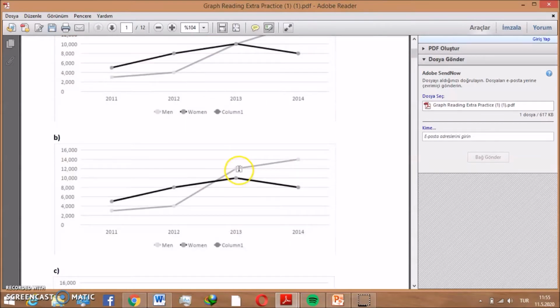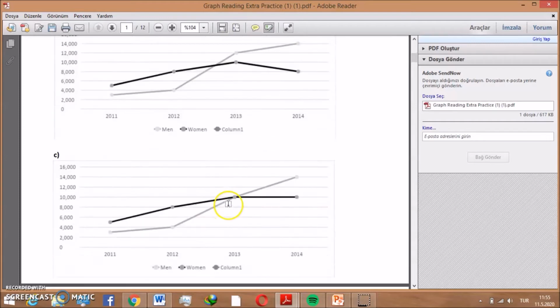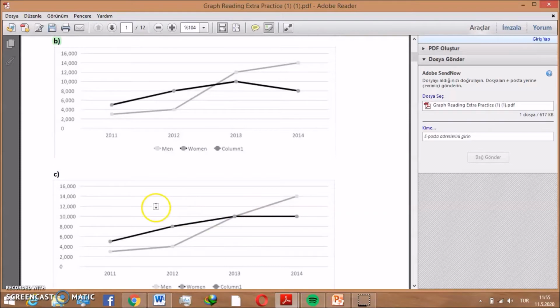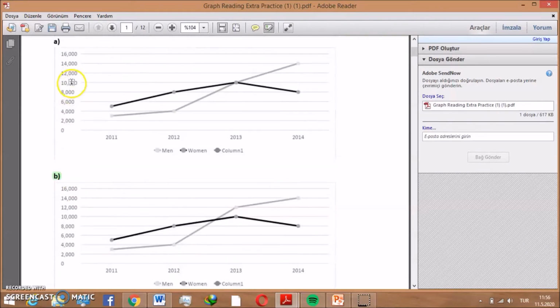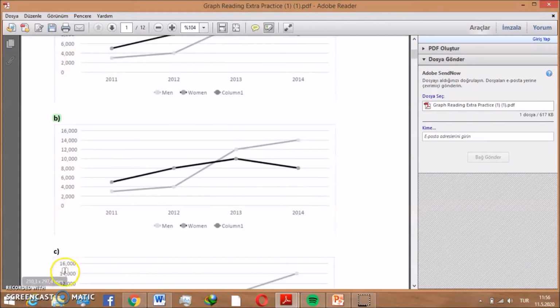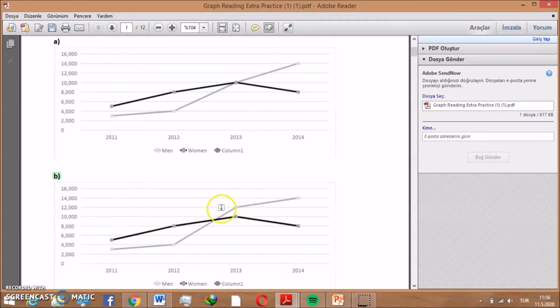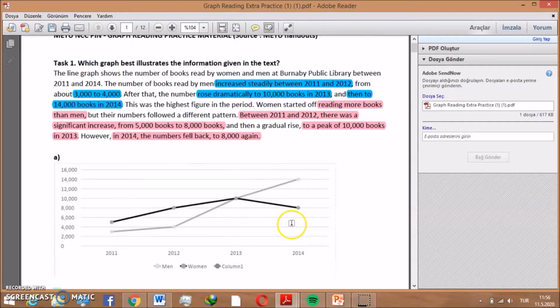And it is 12,000 here. So B cannot be our answer for now. It should be here. And this is 10,000. So this means our answer should be A or C because B doesn't match our description anymore.